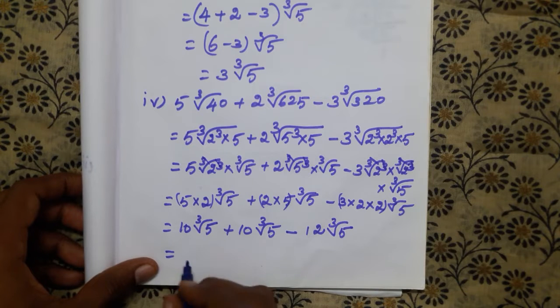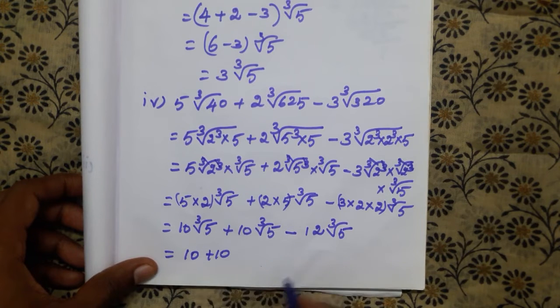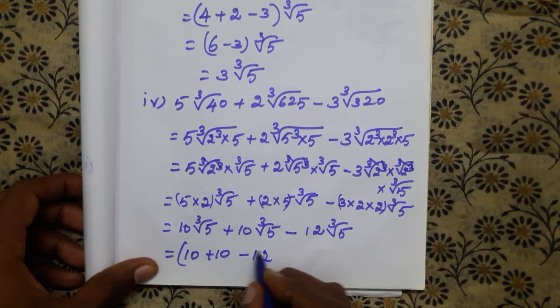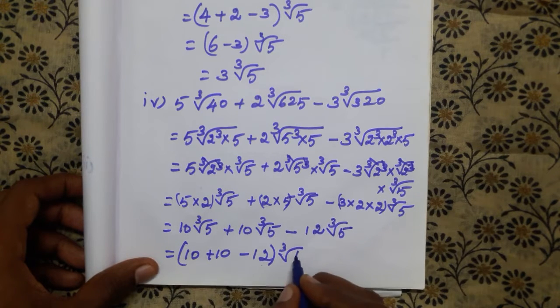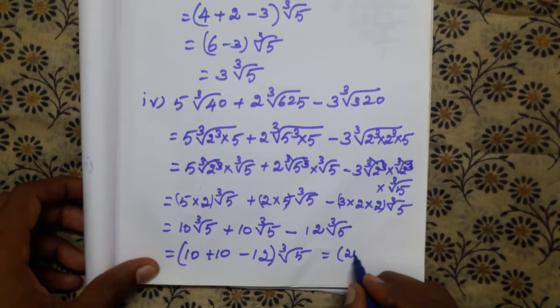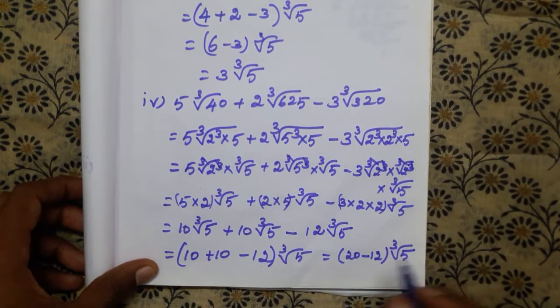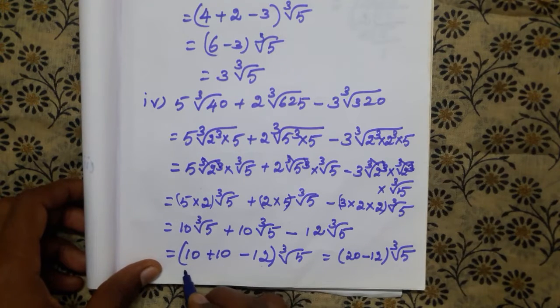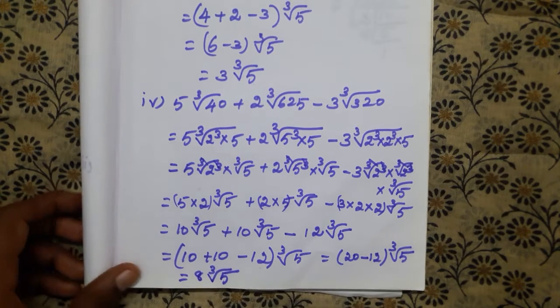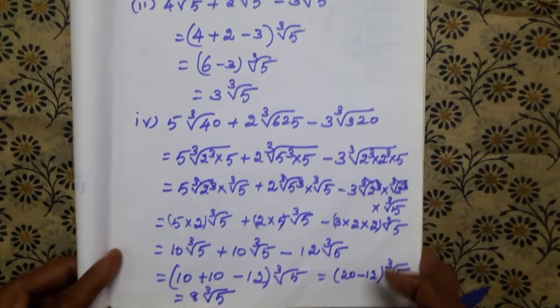Here coefficient is 10, here coefficient is 10, here coefficient is 12. 10 plus 10 is 20. It's equal to 20 minus 12 cube root of 5. 20 minus 12 is 8, 8 cube root of 5. Can you understand this? Okay.